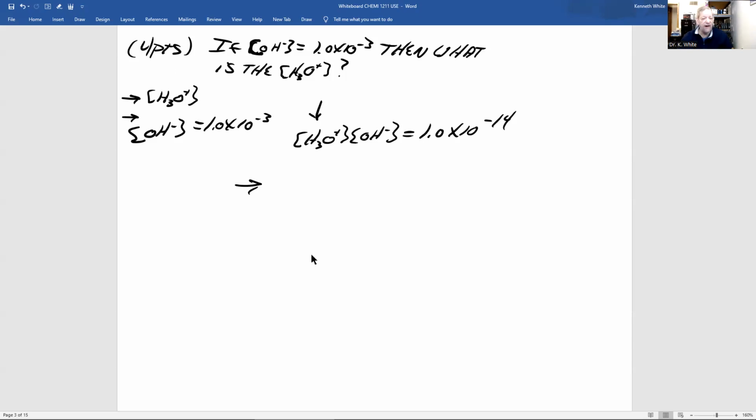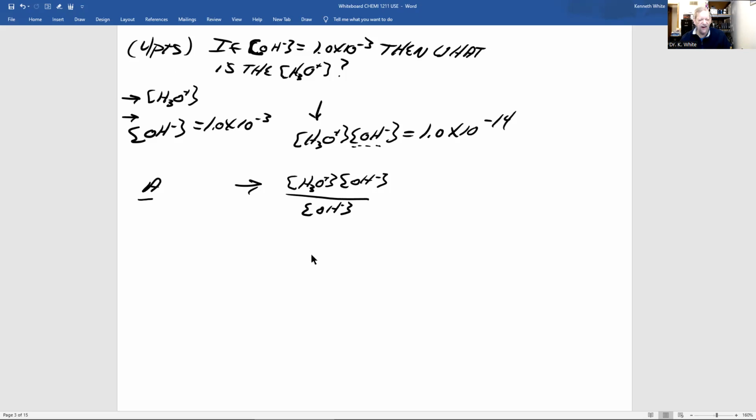How do we get rid of OH minus? When you have 2 things multiplied, to get rid of one of them, you divide by that.